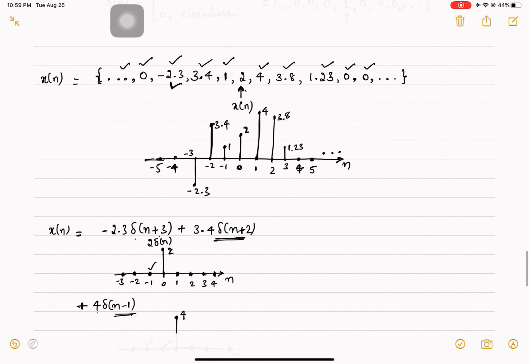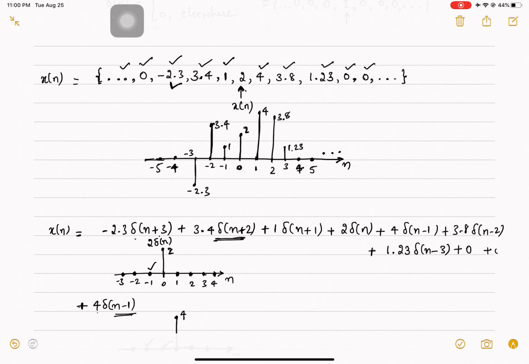Now similarly, at n equal to -1 it is +1 into delta n plus 1 plus 2 into delta n plus 4 into delta n minus 1 plus 3.8 into delta n minus 2 plus 1.23 into delta n minus 3 plus 0 times delta n minus 4 plus 0 times delta n minus 5, and so on. And similarly, you have the 0 terms on the left hand side here, which I have left space.